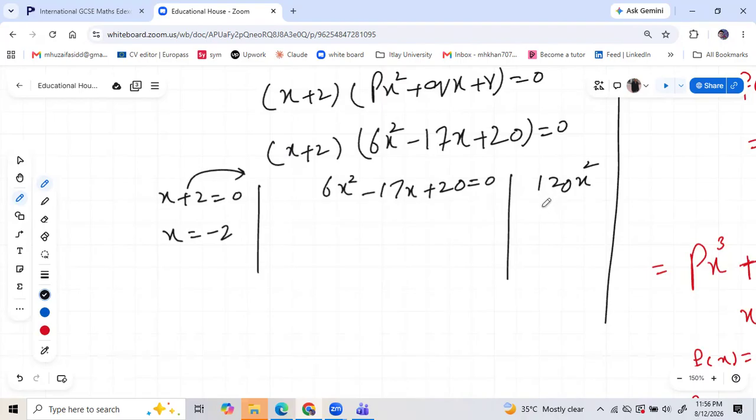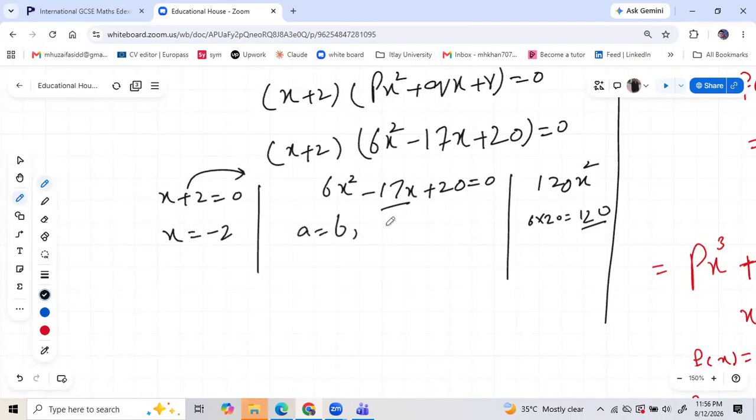And after this, 6 multiplied by 20. Let me check. Here this is not okay. So that's why we could not find the factors.